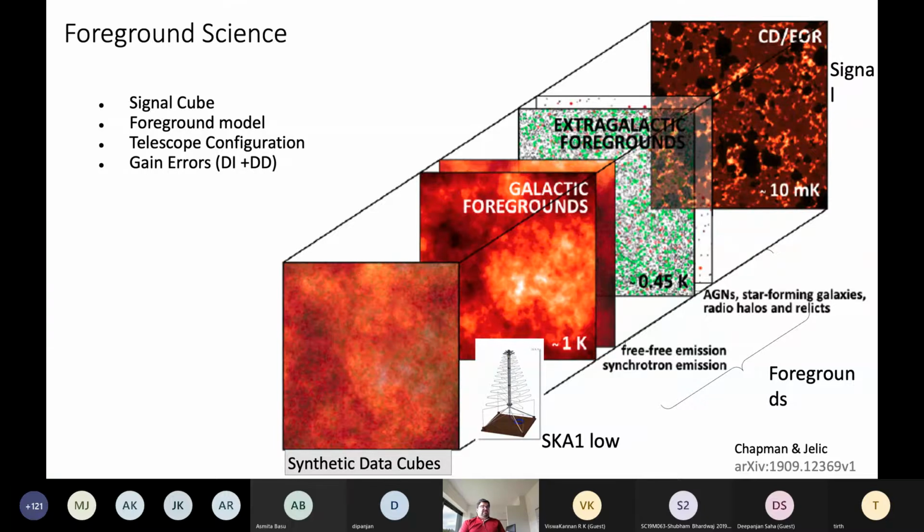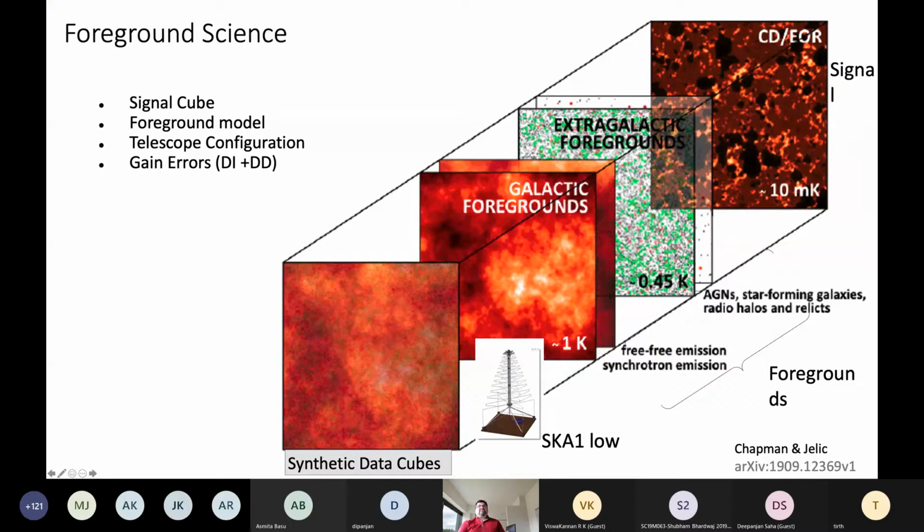Even if you're talking about doing cosmology with radio astronomy, this is all simulated, of course, because no signal has yet been detected.